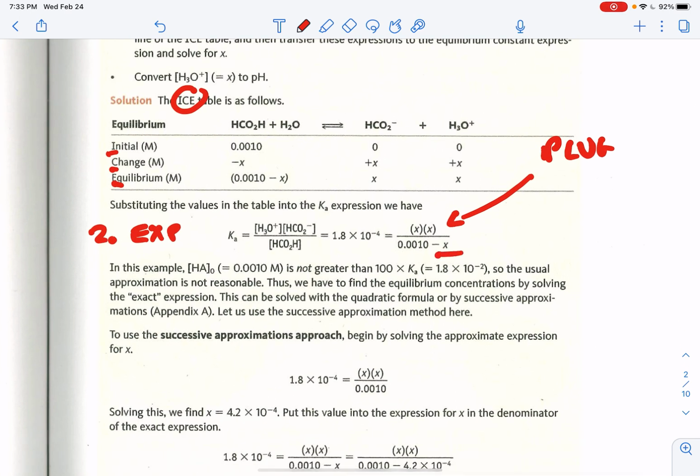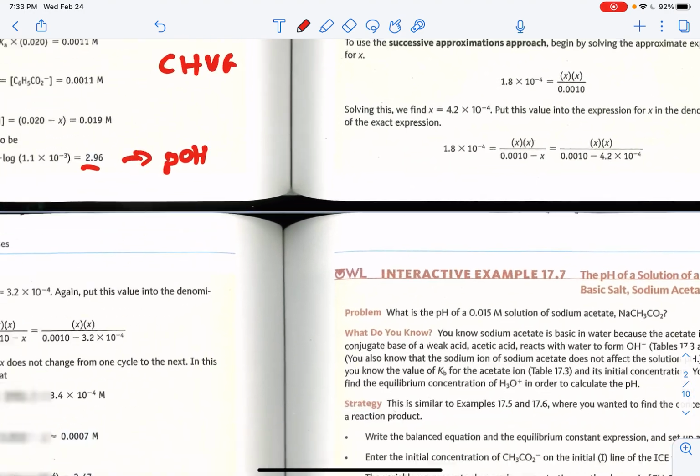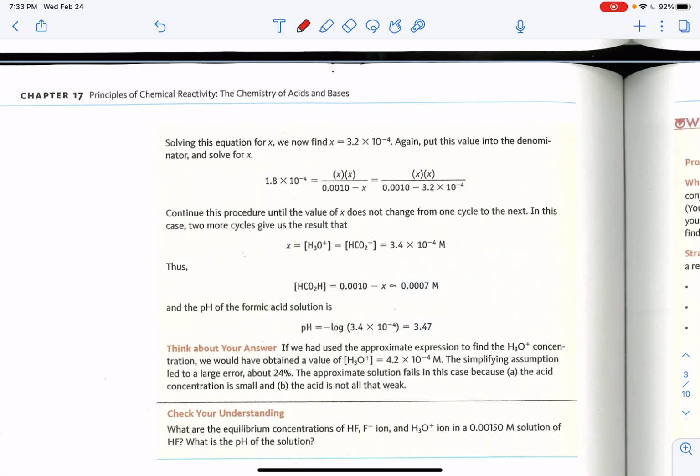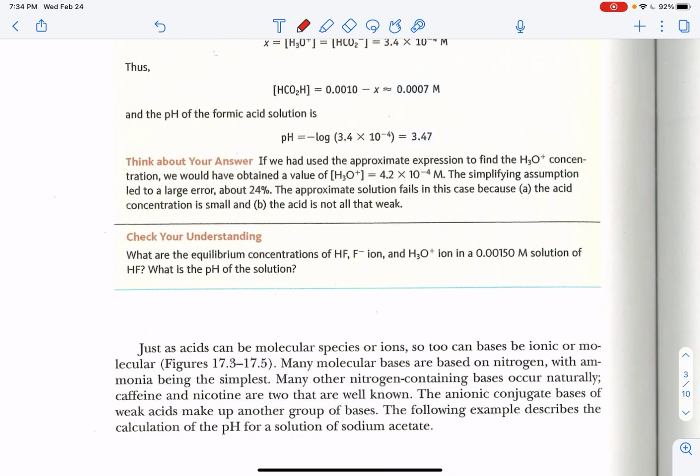Can I make my approximation? So I multiply the Ka by 100, and I get 1.8 times 10 to the minus 2. My original molarity is smaller than that, actually. 1 times 10 to the minus 3. So sorry, folks, you're going to have to keep it in there. And if you're going to keep it in there, that means you're probably going to get stuck with a quadratic equation. And once you solve for that, and good luck with that, we get our molarity, and then from the molarity we can find our pH.